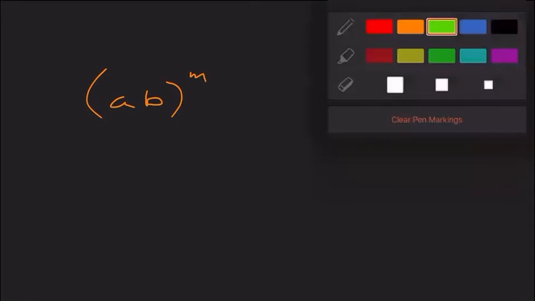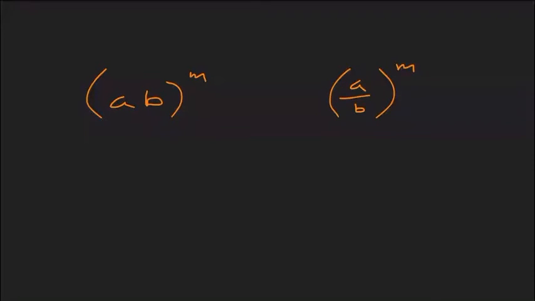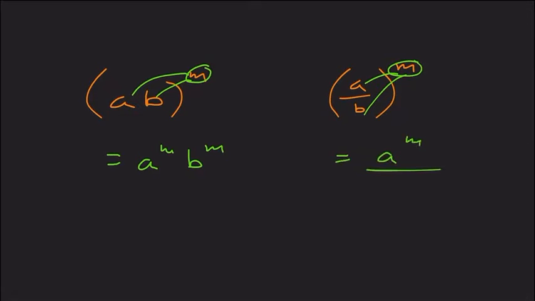So what do you do in this case? Well, it's kind of like the exponent gets distributed to everything on the inside. So this m goes to every factor here. This m goes to the top and to the bottom. So here this would become a to the m times b to the m. This one here would become a to the m over b to the m.